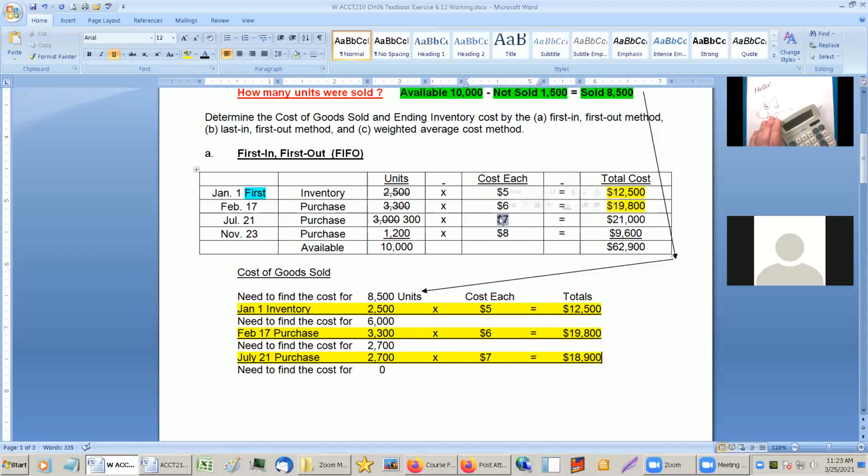Okay, so this one is a little bit trickier in that it isn't for everything. So all those together will be our cost of goods sold.